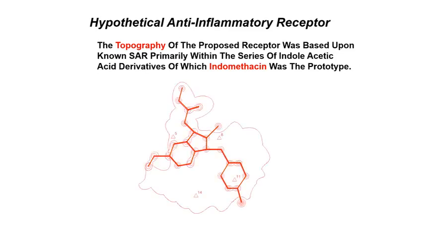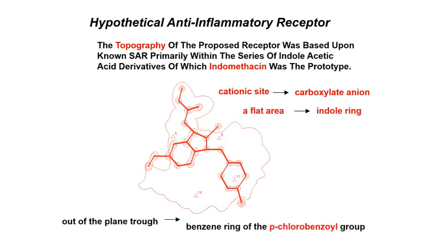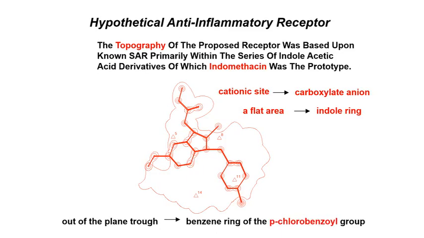They identified, according to a complementary structure to indomethacin, that the anti-inflammatory receptor is composed of a cationic site able to accept the carboxylate anion, a flat area in order to accept the indole ring, and an out-of-plane trough that is able to host the benzene ring of the parachlorobenzoyl group of indomethacin.